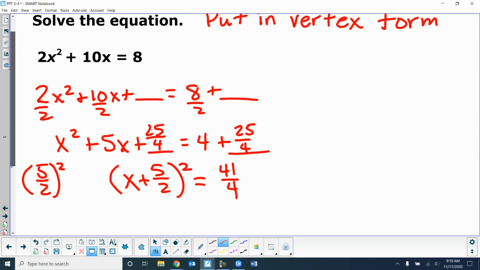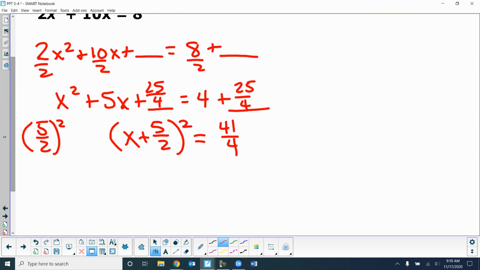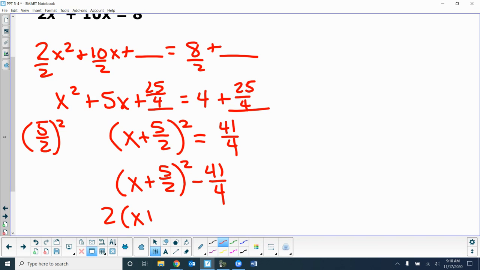Okay? Now, to get it to look like vertex form, I gotta move this back over, right? But what was originally 2, so I gotta put 2 back in front. And I gotta multiply that by 2, which, when I multiply that by 2, it becomes 41/2.